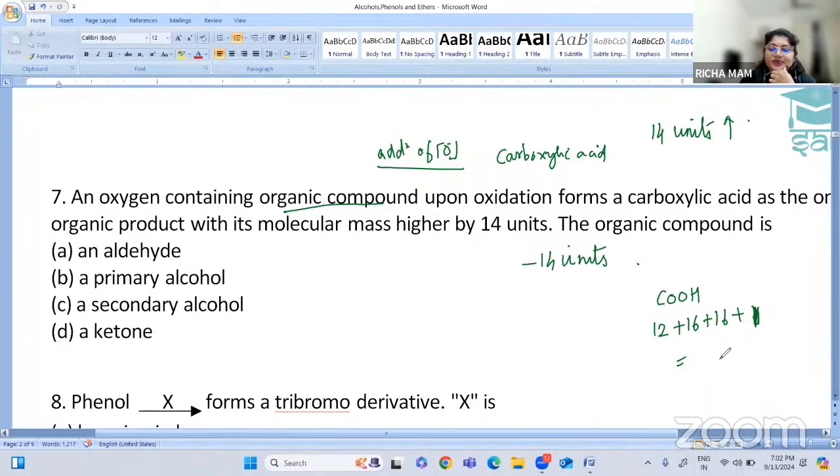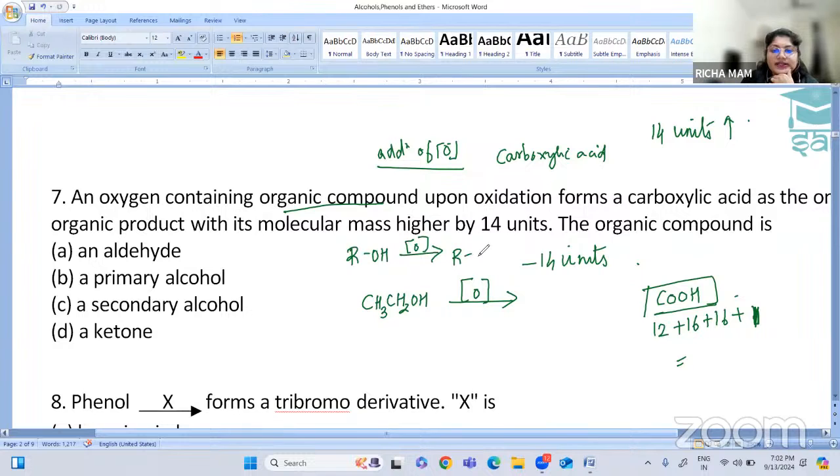Now if you take the simplest alcohol, that is your ethyl alcohol, and do the oxidation, whenever you take an alcohol and do oxidation, alcohols are converted into carboxylic acid.